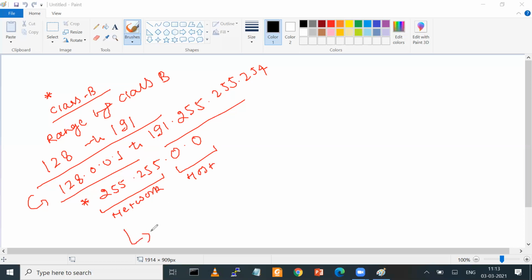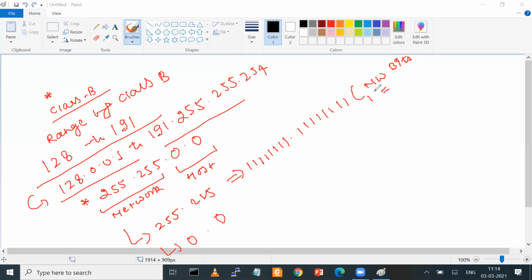Again, if I calculate the same thing in binary, 255.255 I can write like this: 11111111.11111111, and for host bits, which is 0s. So network bits is equal to 16.